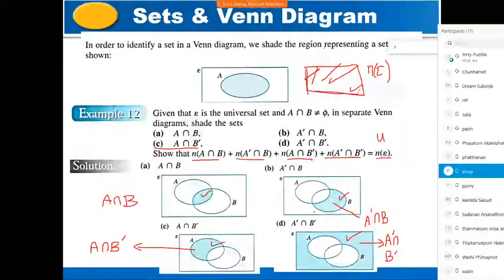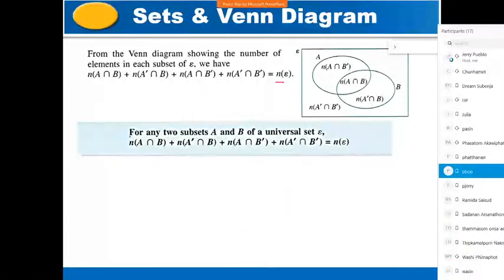Now, if you draw all here inside, because if you add this plus this plus this plus this together, it's like the whole rectangle. So we can conclude that for any two subsets A and B of the universal set, A intersect B, A complement intersect B, A intersect B complement, and A complement intersect B complement together make up the universal set. Okay?